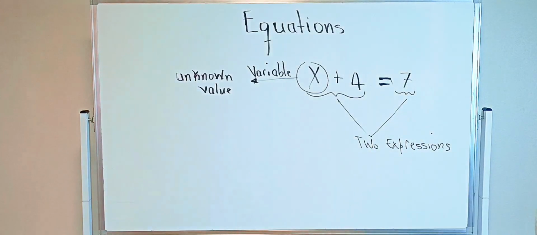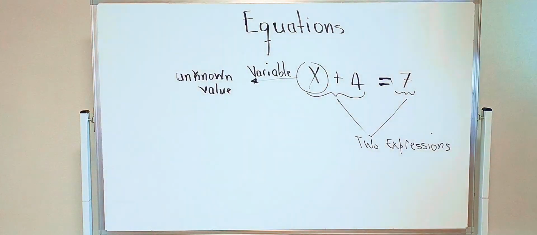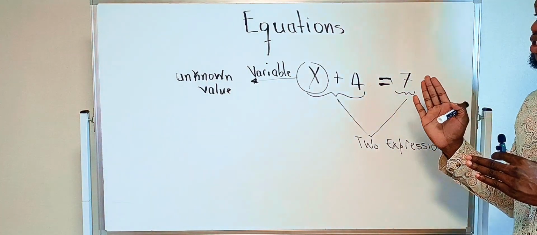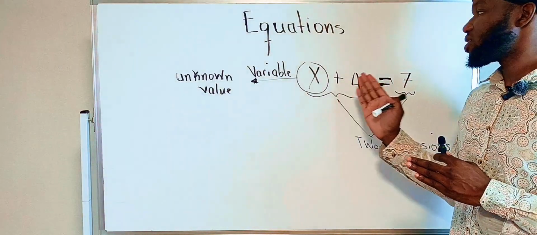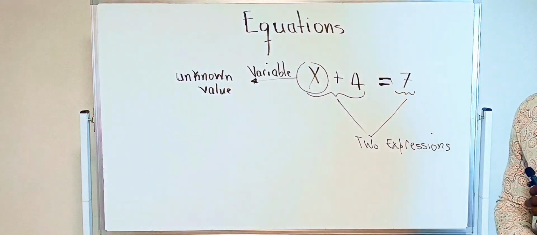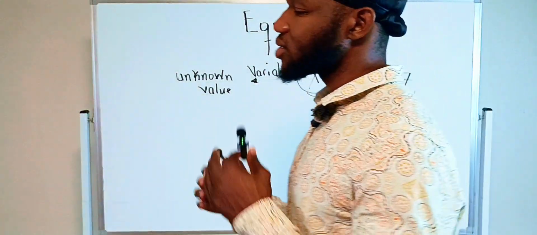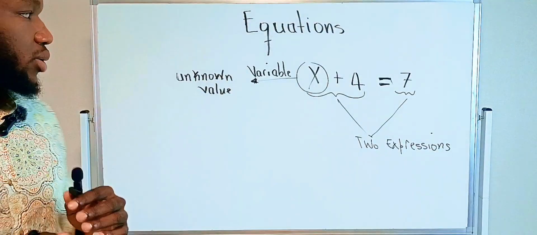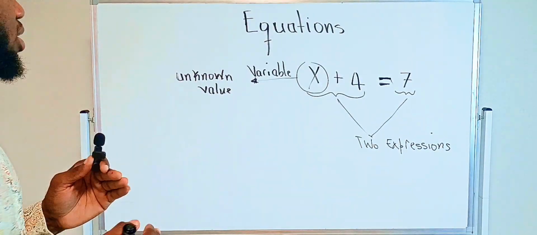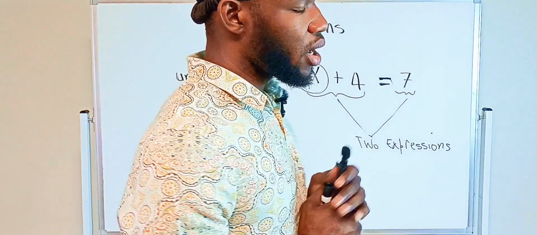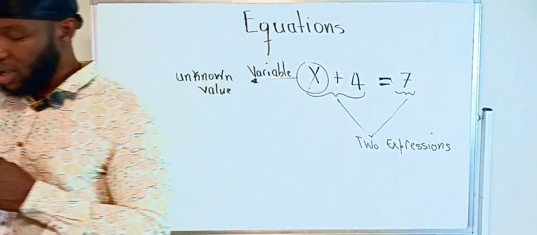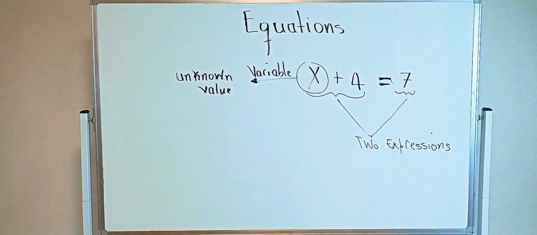The best way to find this unknown value when they ask you to solve an equation is to isolate the variable. You isolate the variable in order to find a value for it. This is exactly how you can solve an equation.